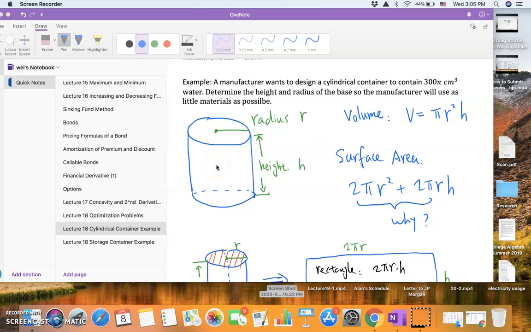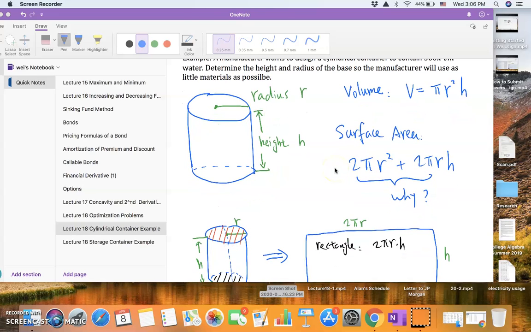And because the material we use depends on the surface area of the cylinder, right? The bigger the surface area is, the more material we're gonna use. So minimizing the amount of material is the same as minimizing the surface area.